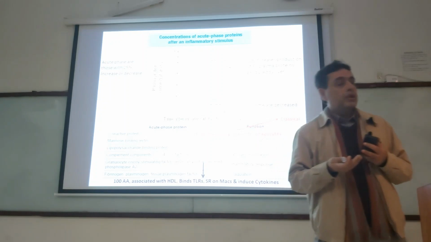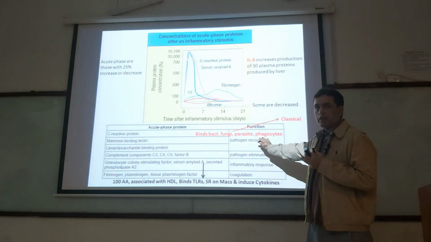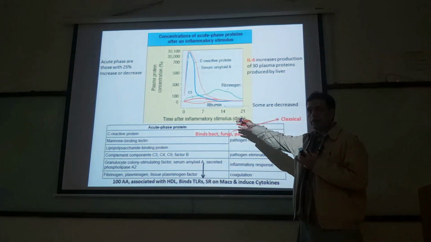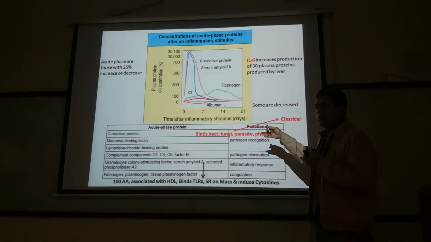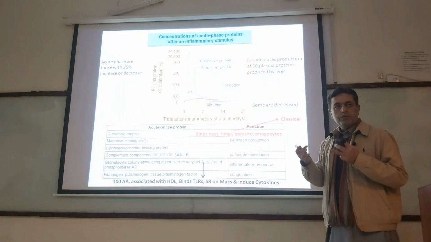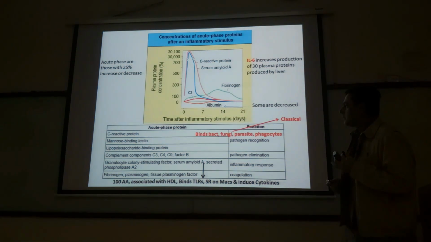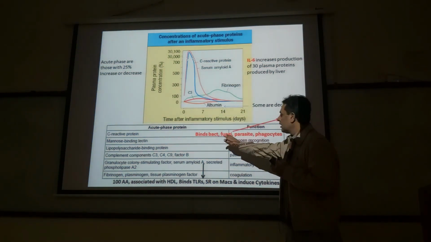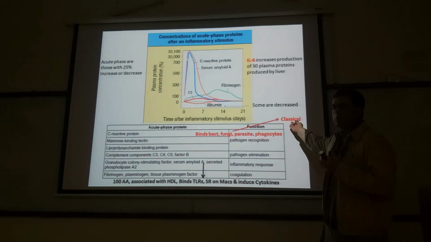This C-reactive protein also can bind with phagocytes like macrophages and neutrophils to enhance this process of inflammation, to make them secrete cytokines that can enhance the process of inflammation, or bind to these different pathogens and activate the complement pathway.